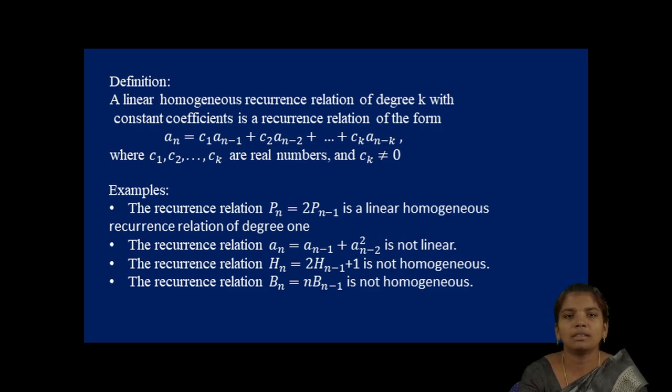Another example, H_n equal to 2 H_(n-1) plus 1, is not homogeneous because the constant term 1 occurs. In the last example, P_n equal to n P_(n-1) is not homogeneous because this recurrence relation does not have constant coefficients.